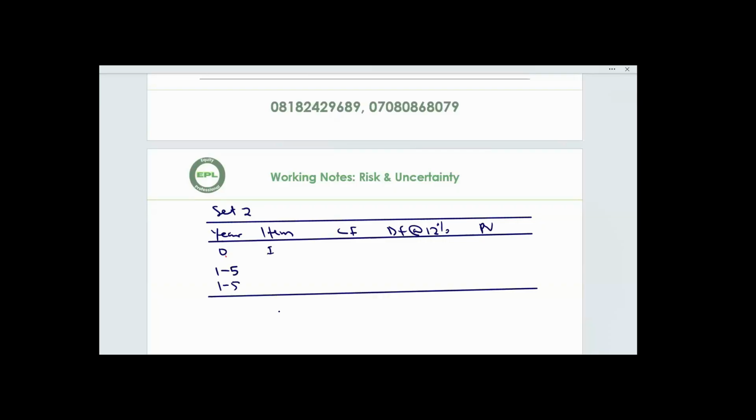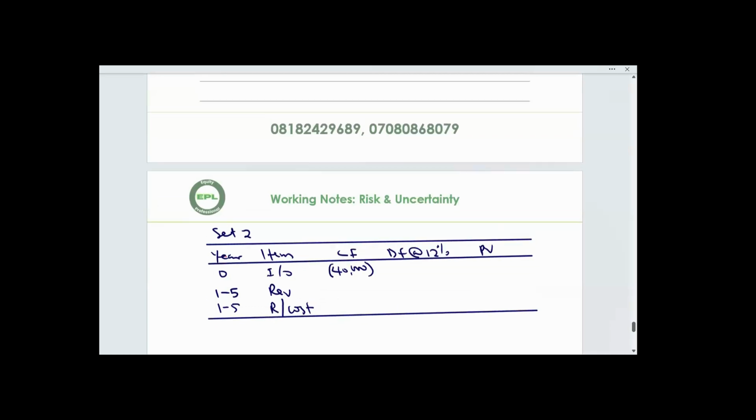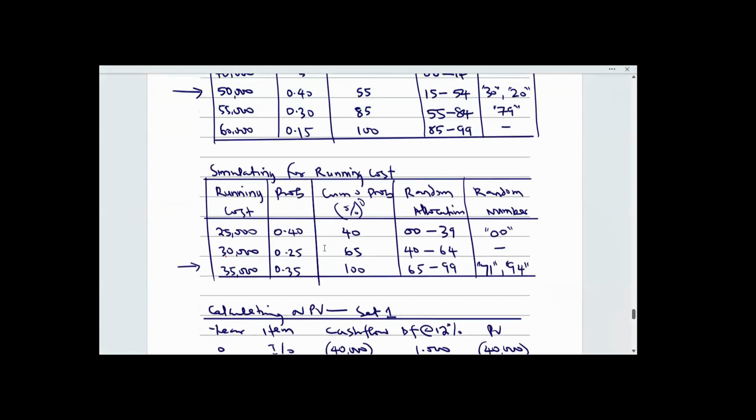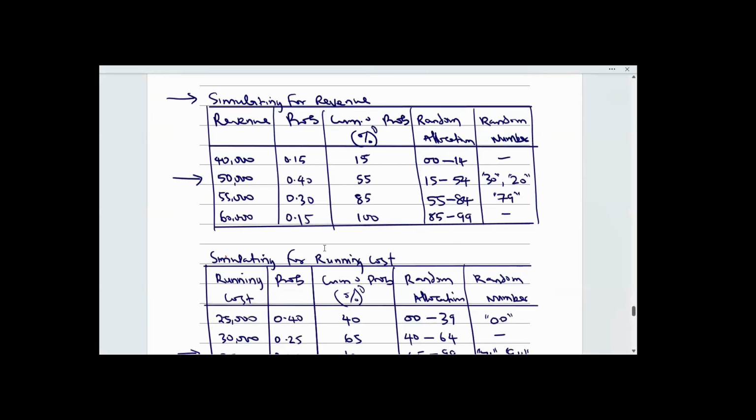Initial outlay, revenue, running cost. Now, the tag number for set 2 revenue is 20. From our simulation for revenue, random number 20 falls in the second row, which is 50,000 naira revenue.